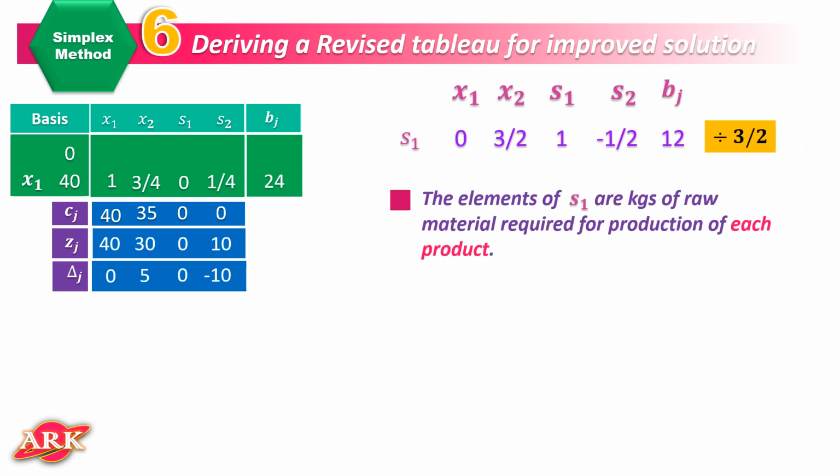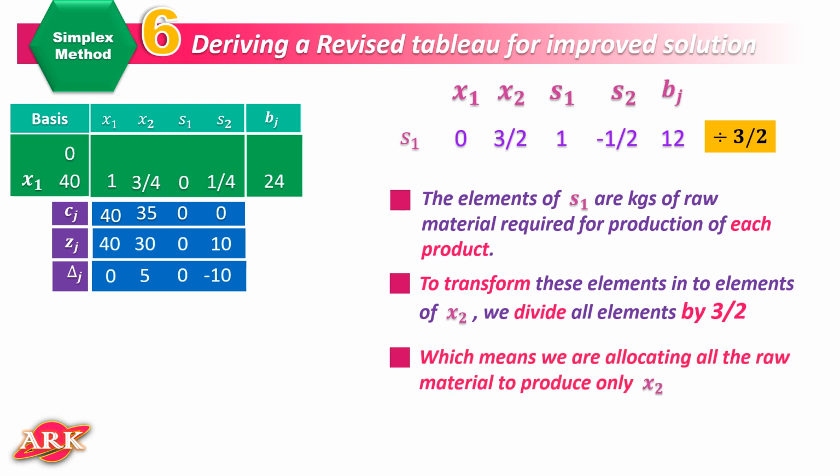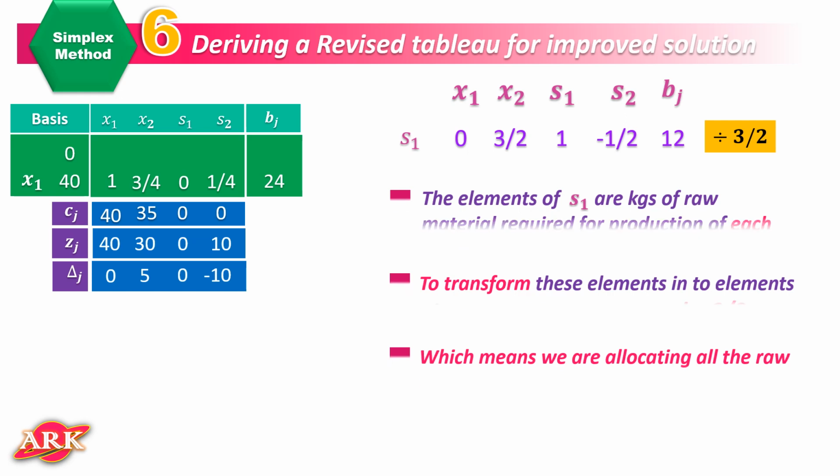If we divide by 3 by 2, the elements of S1, which represent the kgs of raw material required for production of each product, will be transformed to the elements of X2, so that we divide all the elements by 3 by 2, which means we are allocating all the raw material to produce only X2.